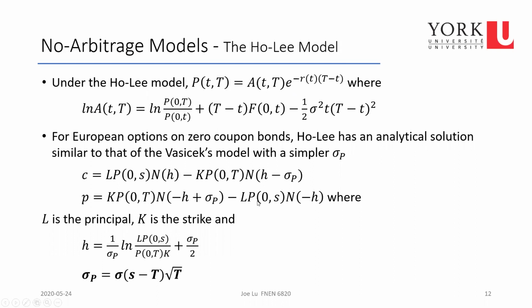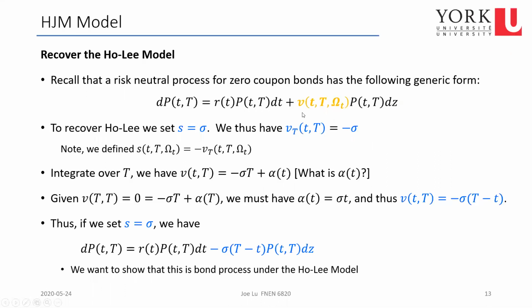And there's a closed form solution for options on zero coupon bonds, where the instantaneous short rate is following the Ho-Lee process. We have a zero coupon bond expression, and we have closed form solutions for options on those zero coupon bonds. Now, how are we going to recover that?